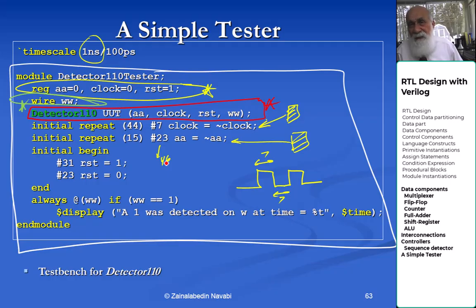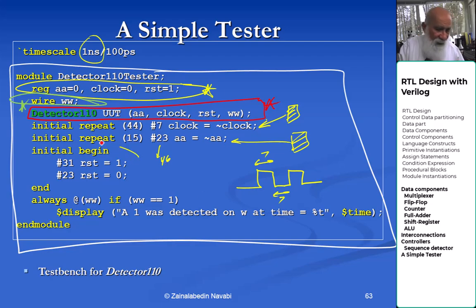So I'm creating some signals on A and some periodic signal on clock so that various waveforms will be applied so that I test it to see if I can get a 110 on my output. You could be more specific. You could wait, for example, 15 nanoseconds, put a 1 on A, wait 20 nanoseconds, put a 0 on A. You could do that, but it's easier to just use periodic data or random data or data such as what I'm doing over here.